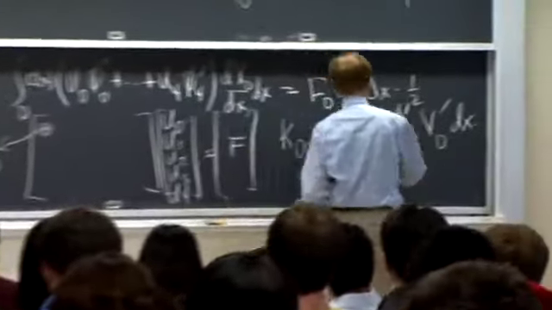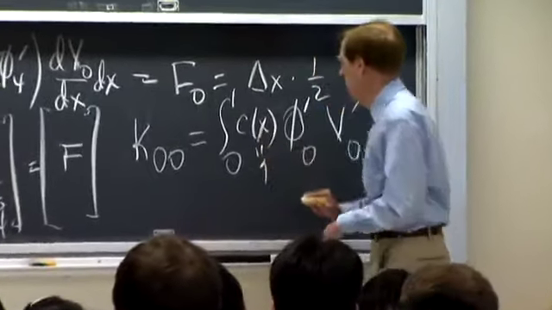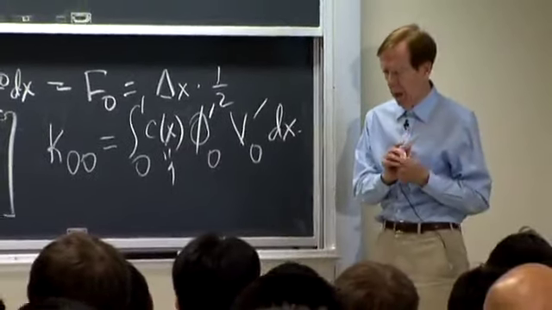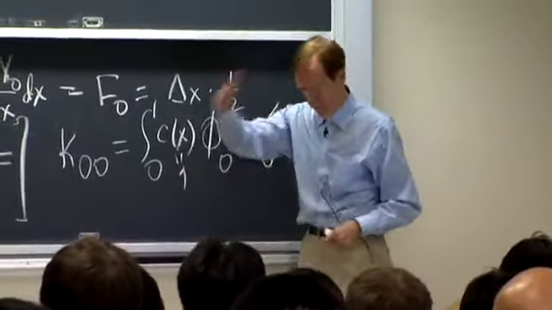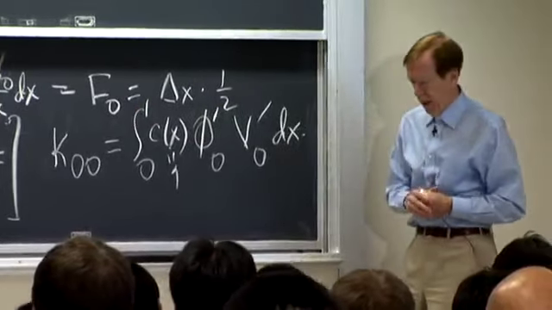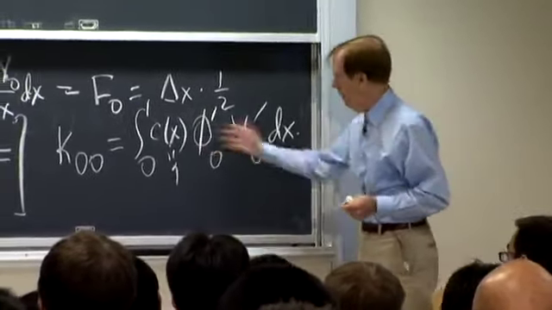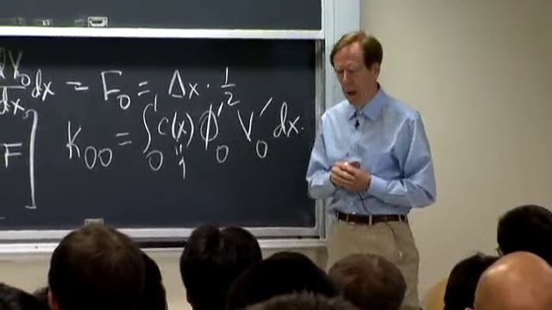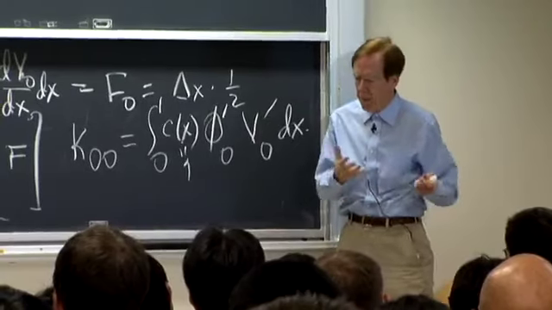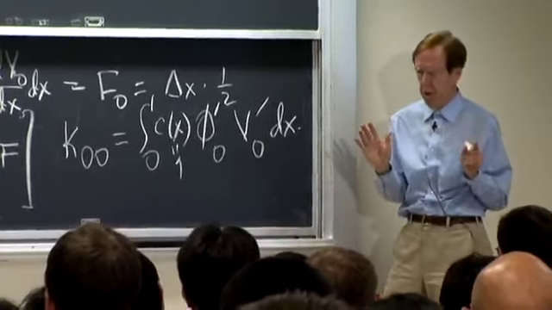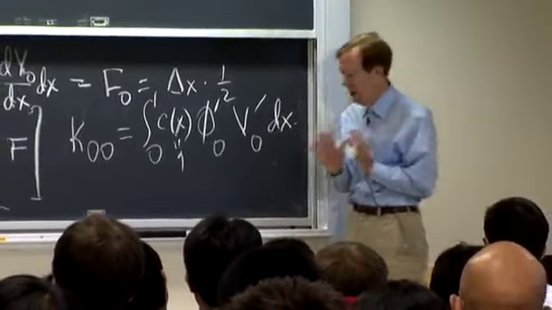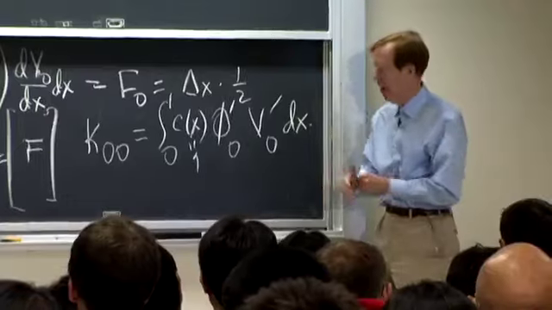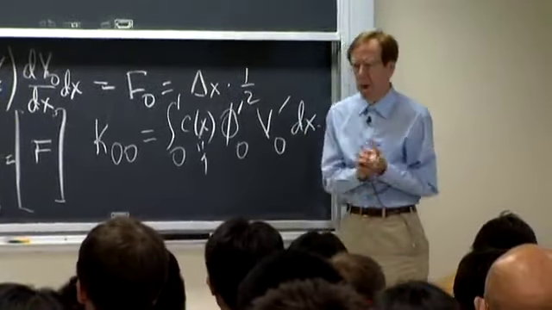So C of x is now, in our problem, we're supposing it's 1. But suppose it's some function. Then we have lots of integrals to do involving that function, and we might not do them exactly. That would be all right. It's totally okay to do the integrals approximately because we're doing everything else approximately.